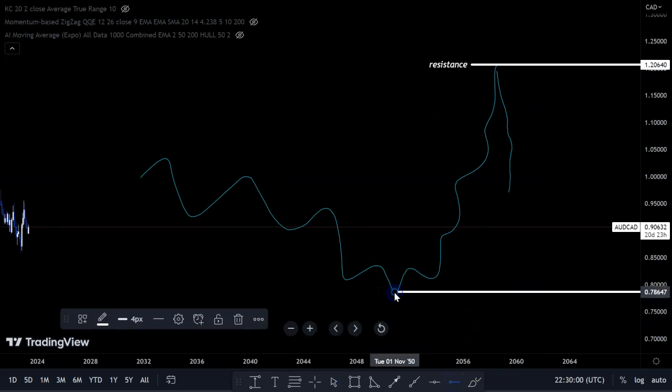So this is the low, this is a support. Why is it a support? It made the price go up. So this would be a resistance as well.